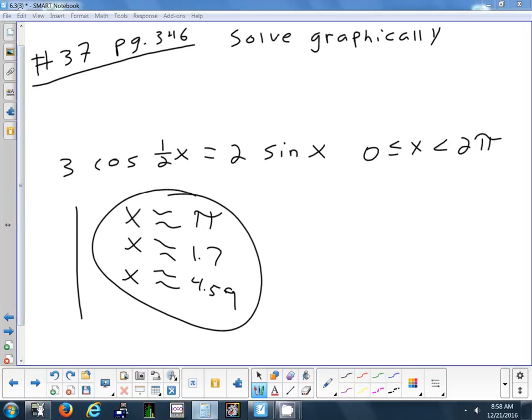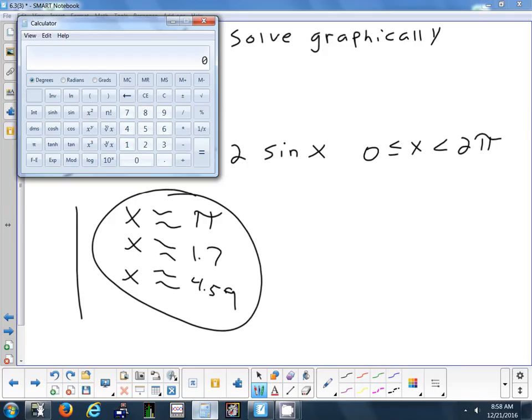Right now, I'm curious, we don't have much accuracy on this middle number, but if we take 4.59 plus 3.14 and find exactly, whoops, wrong number. Take 4.59 and 1.7 and average them and find what's exactly in the middle, we do get pi.